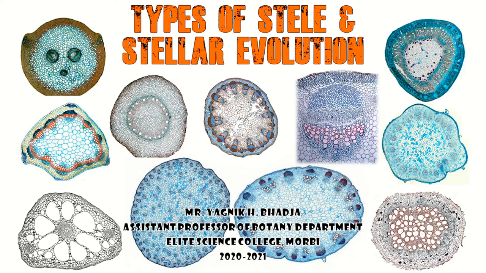This type of plant has no true roots, stems or leaves. They have no distinguishable advanced plant parts. We cannot distinguish which part is a root and which part is a leaf, right?